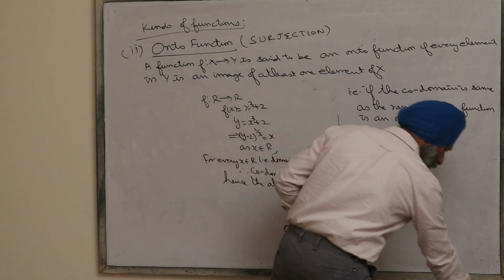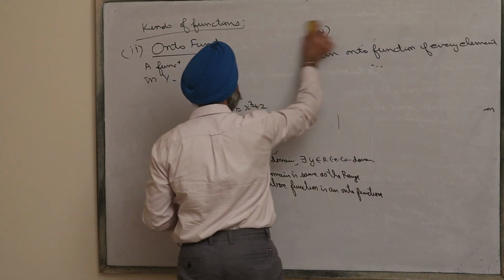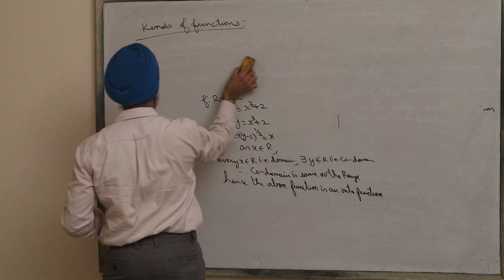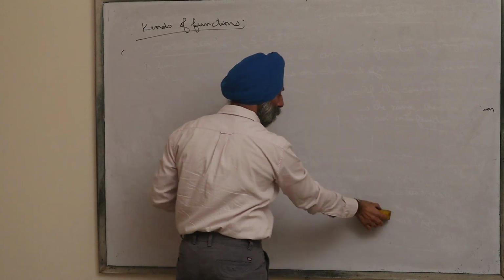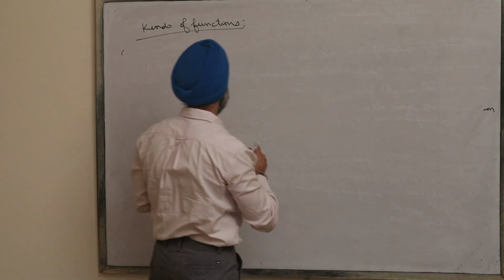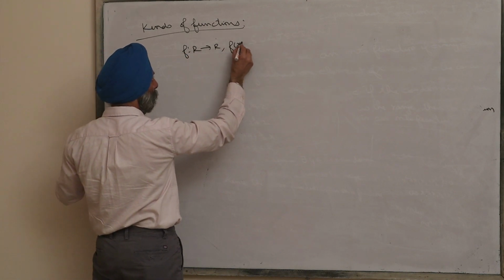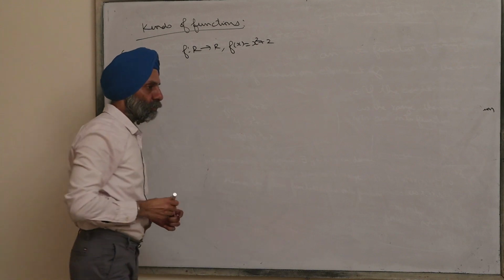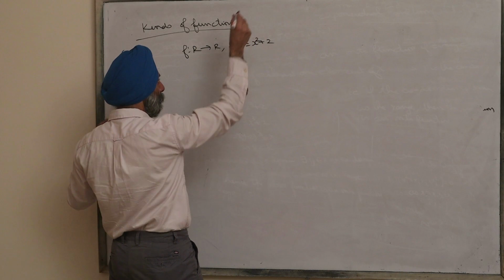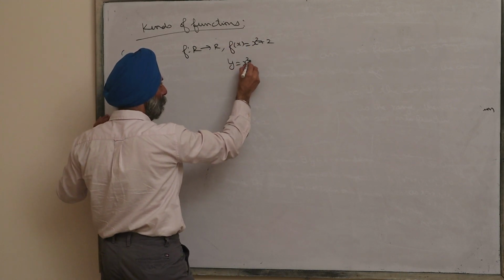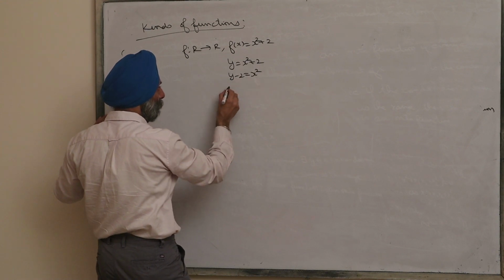Now similarly, let f be a function defined from R to R given by f(x) is equal to x square plus 2. So we have to see whether this function is an onto function or not. Now we have y is equal to x square plus 2. Now y minus 2 is equal to x square.